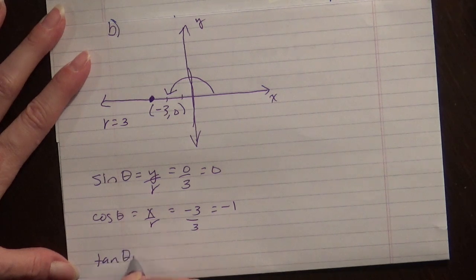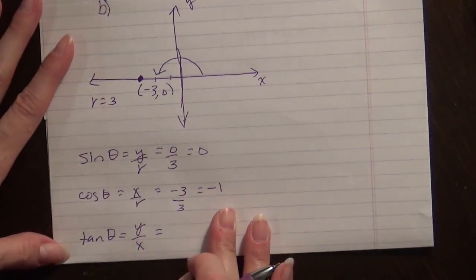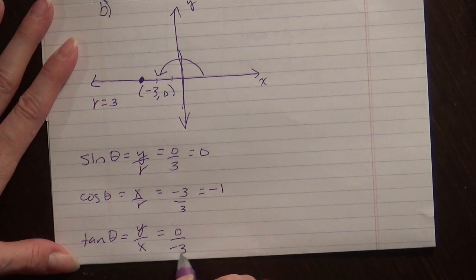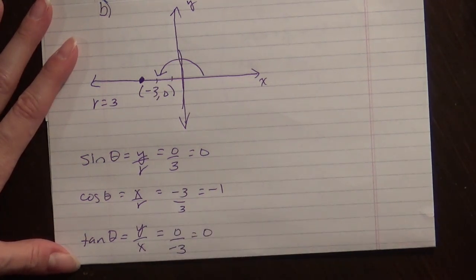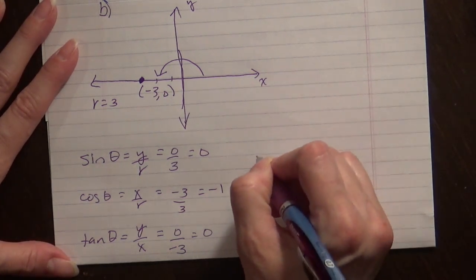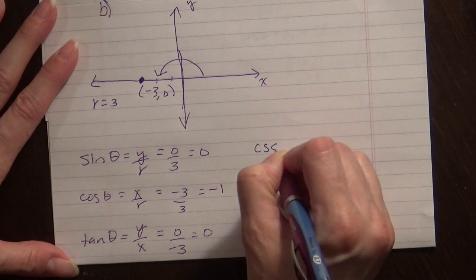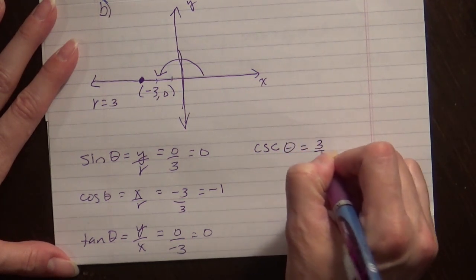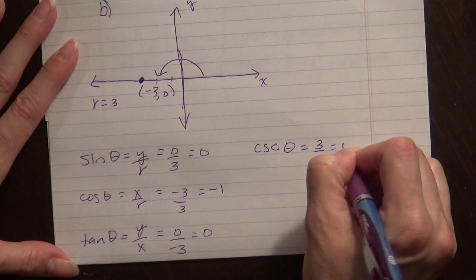Tan theta, I want y over x, so that will give me 0 over -3, which is 0. So both sine and tangent came out to be 0. And then I want to get cosecant. I know it's a reciprocal of sine. So cosecant theta is going to be 3 over 0, or undefined.